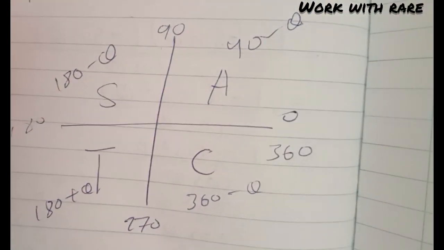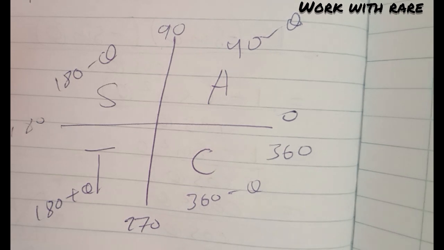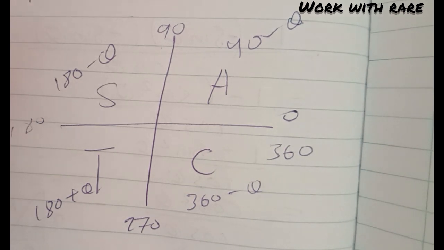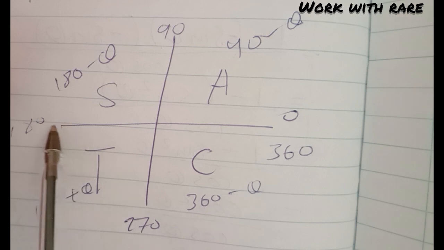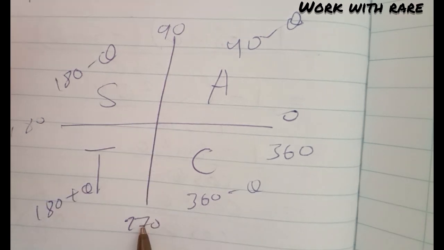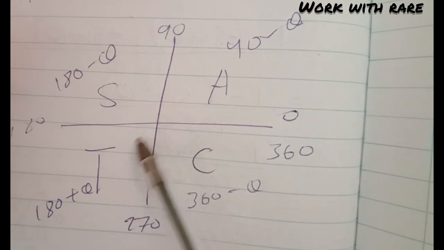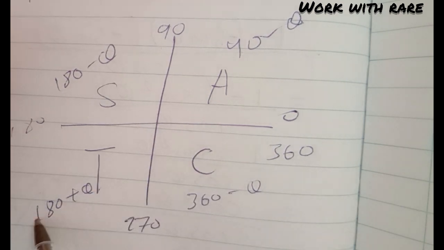Okay, so that 200 degrees is between 180 and 270, which means it's somewhere this side, which means I can use 180 plus. Don't use 270 anyway because they no longer accept it.